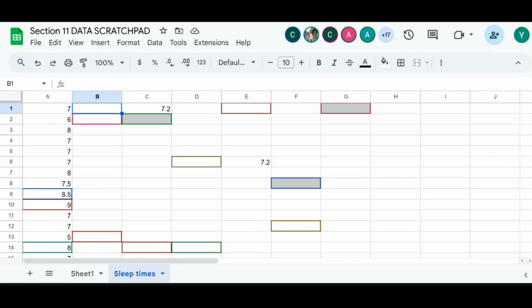Anything that you can see is given what kind of symbol, English letters or Greek? English. And therefore, 7.2 is something we have computed. What's the name for 7.2? That's right, X bar.